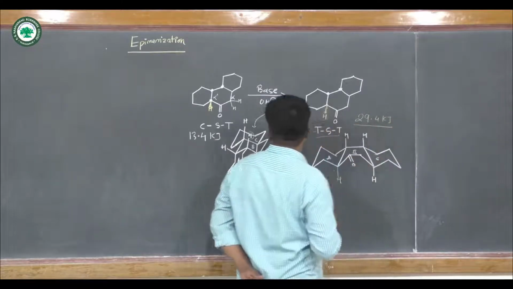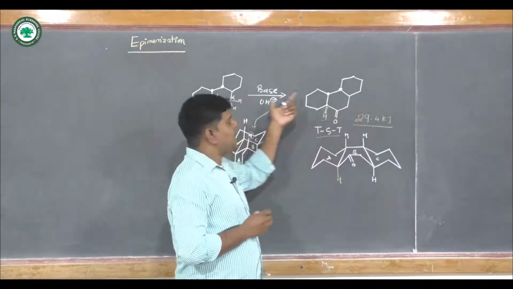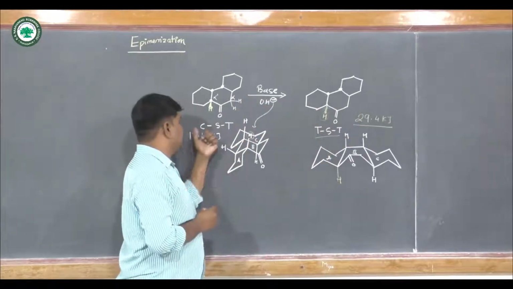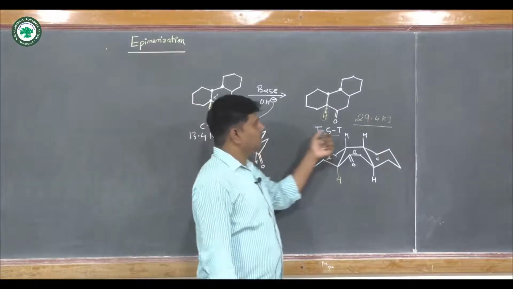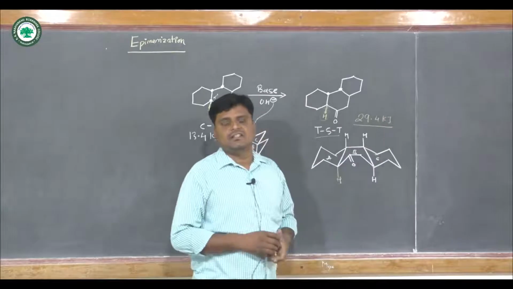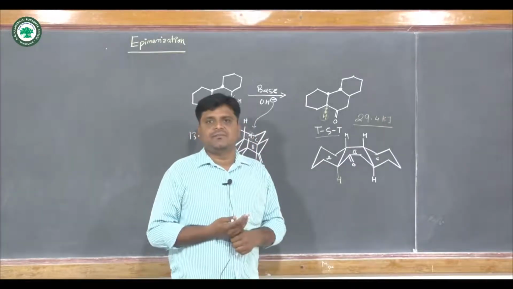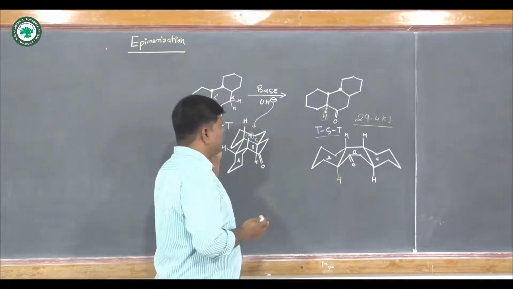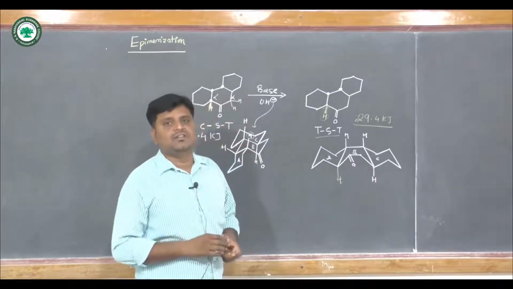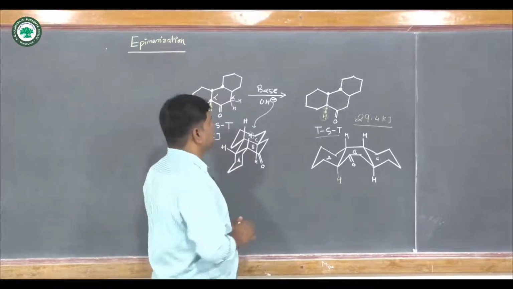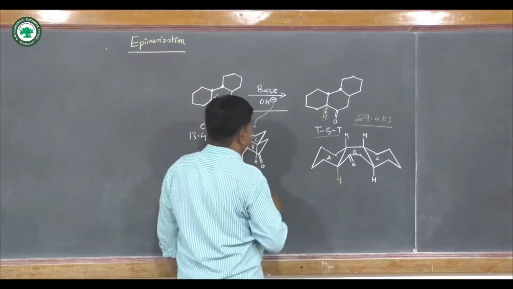So remember, the product has much more energy compared to the reactant. In the reactant the energy is very low, and in the product its energy is very high. So there is no change from reactant to product, because a stable conformation doesn't convert into an unstable conformation. According to this, the forward reaction is not possible.